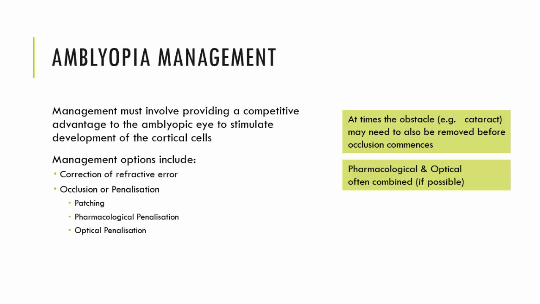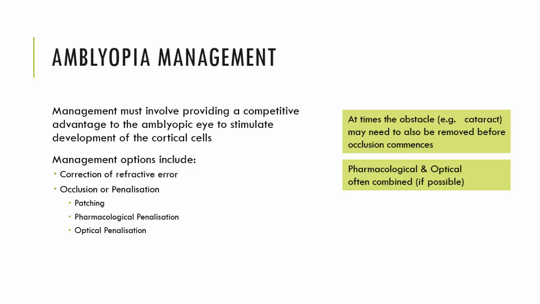Okay, in managing amblyopia, what we're trying to do is give a competitive advantage to the amblyopic eye so that we can stimulate the development of the visual cortex. Now, we know the reasons for amblyopia: strabismus, refractive error and deprivation. And in all those instances, you can see that there is one eye that's preferred over the other.